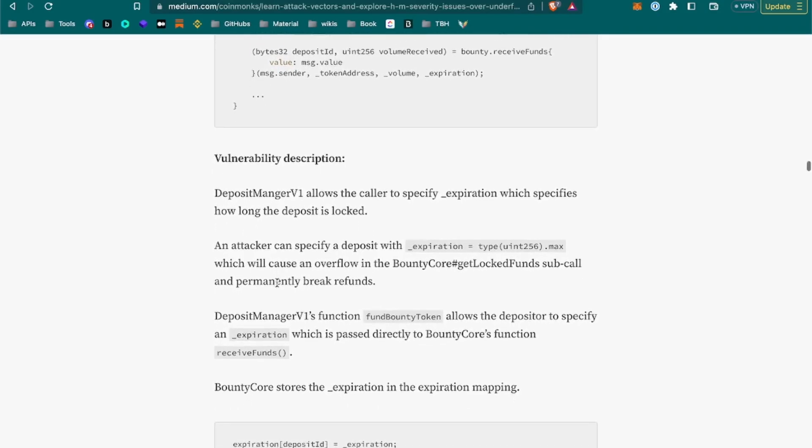So, okay, here it is. The attacker can specify in the function that expiration is the maximum number of uint256. So what does that imply? That if this expiration is added to any other value, it is going to cause overflow, right?